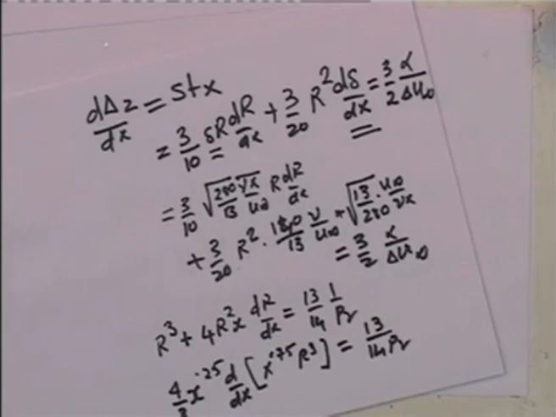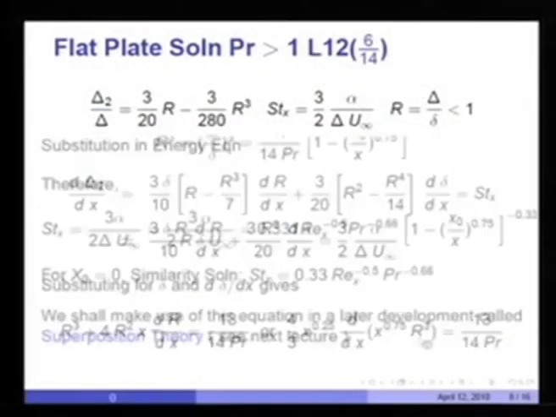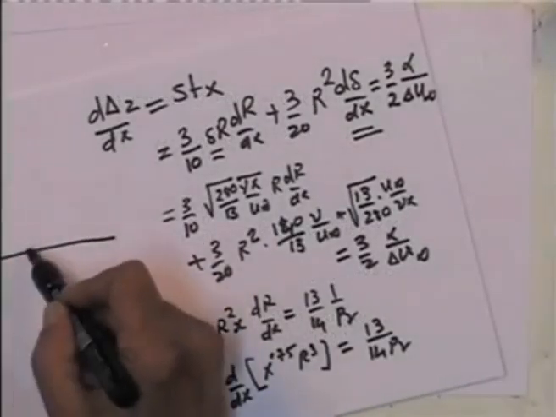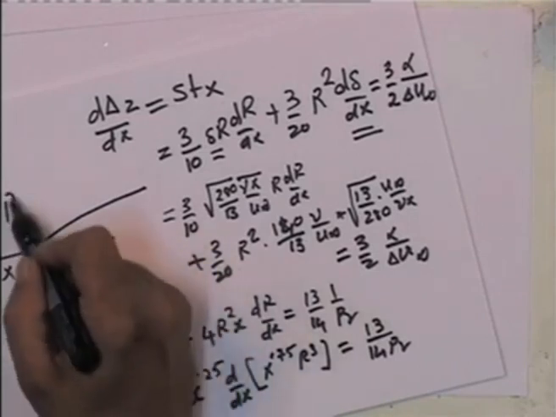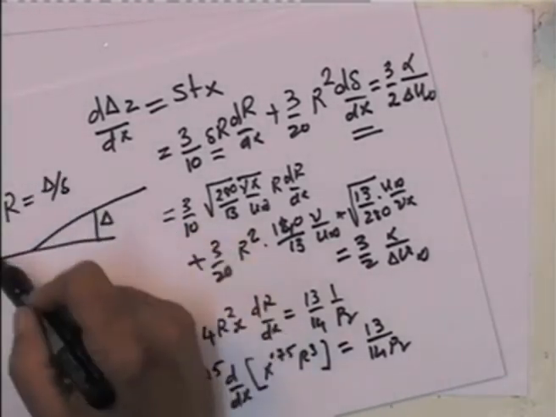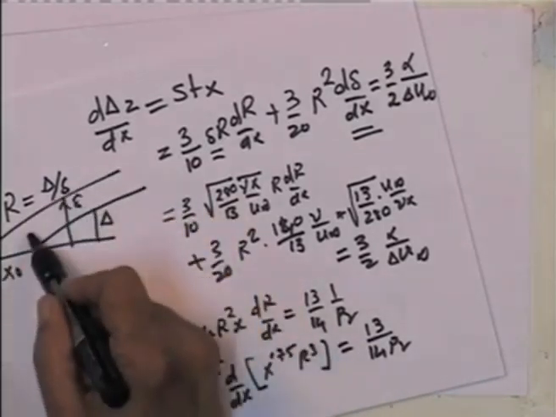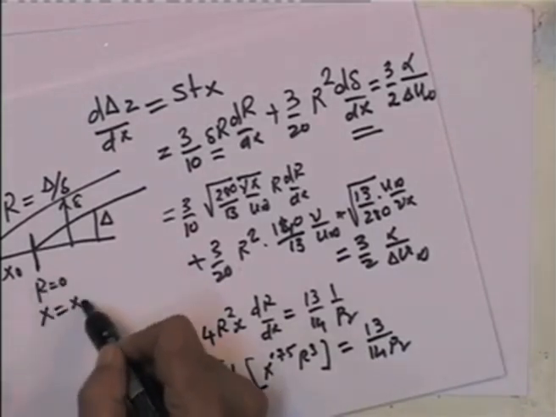So, I can now integrate this equation, noting that, remember we are starting to heat from x equal to x naught, and r is delta by delta. So, r is equal to 0 at x equal to x naught.